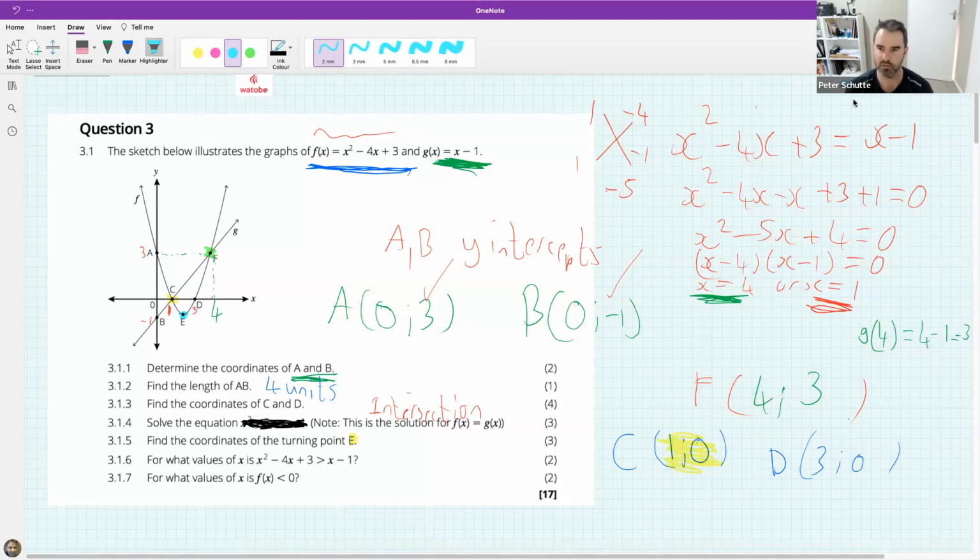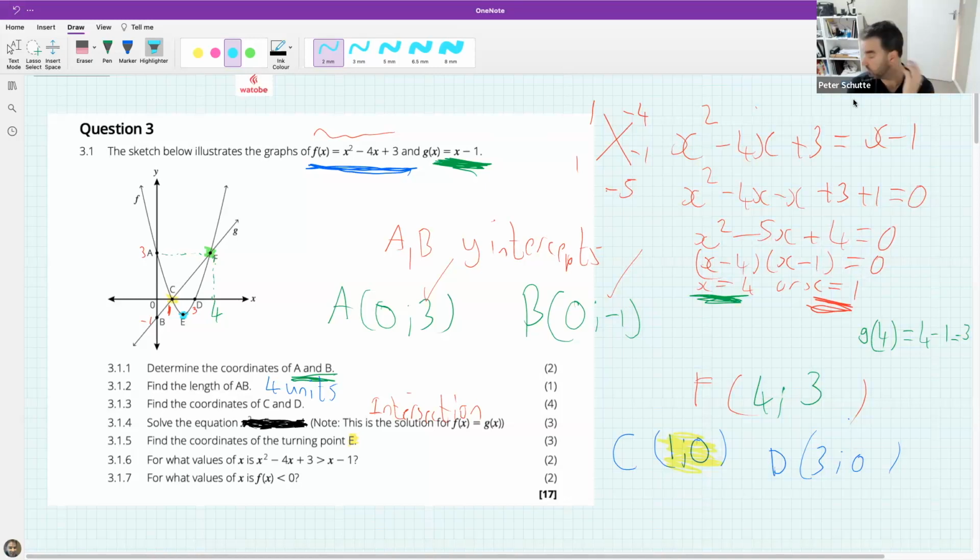And how might we get it? So the feedback from students is that E is the turning point. How would we find that turning point?